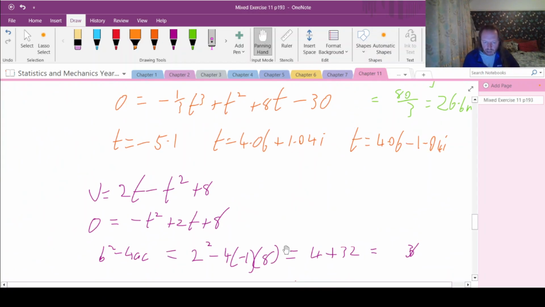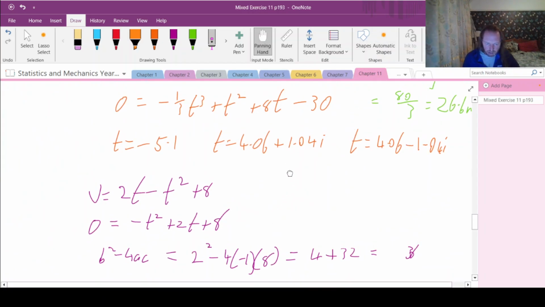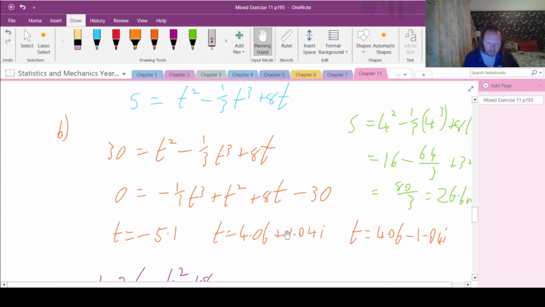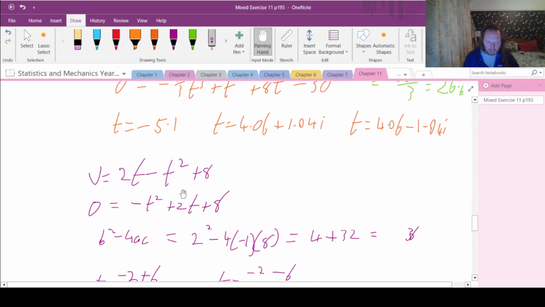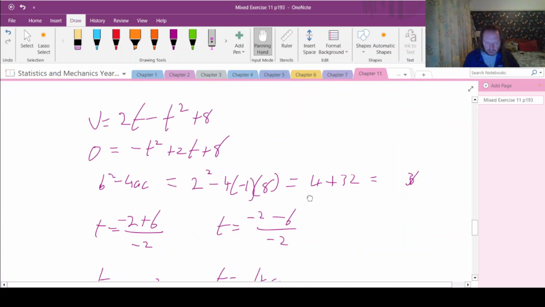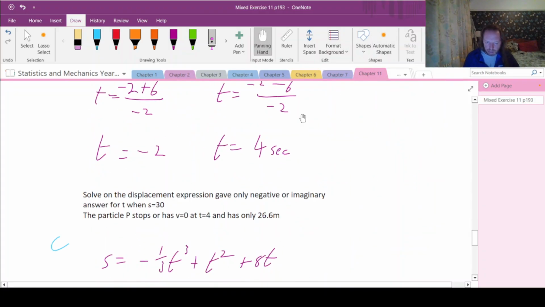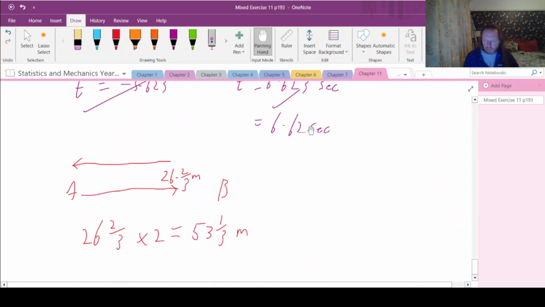So done. I guess the only other way we could do that is if we put velocity equals 8, maybe, but I don't think so. Okay, 53 meters and a third. All right, good.